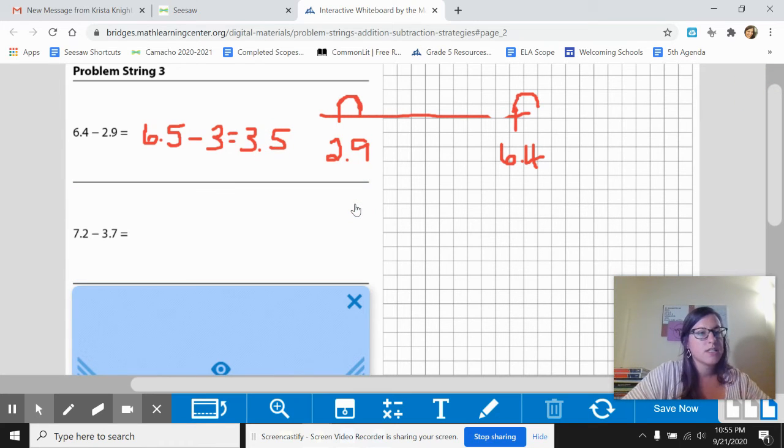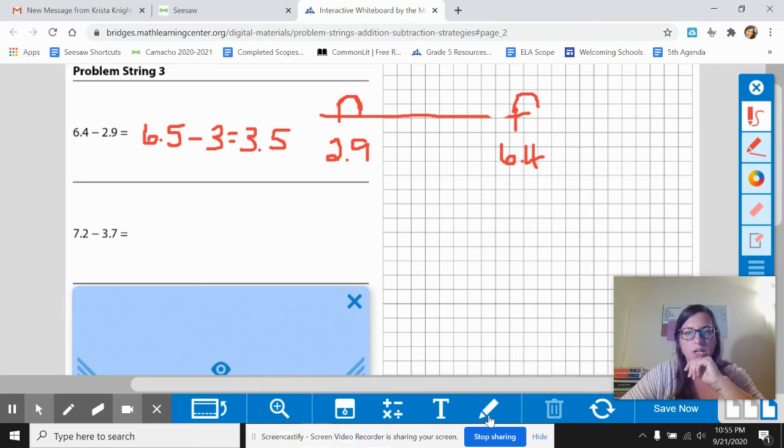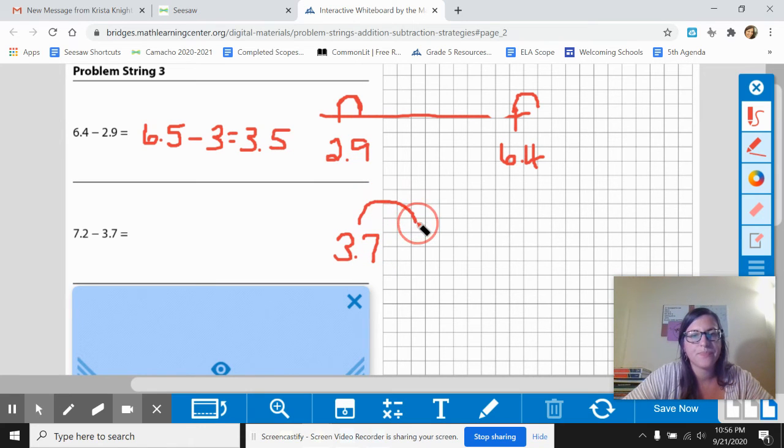All right, let's look at the second one. So let's see. For this one, I actually want to find the distance by adding up. So I'm going to start at 3 7/10. There's a lot of ways you could do this, but this is the strategy I'm going for.